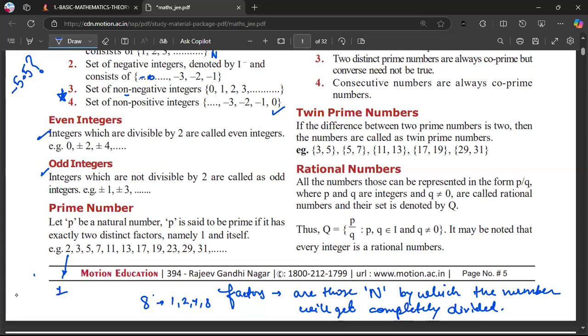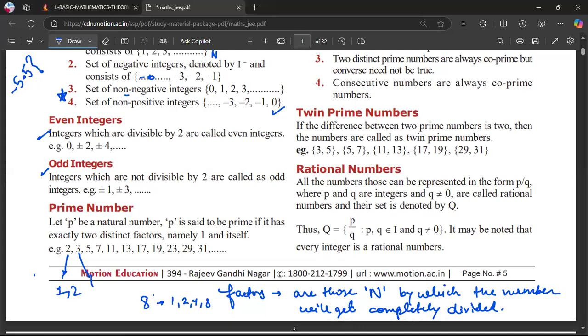And what do I mean by dividing it completely or not? It is that whenever I divide something by something, the remainder has to be zero. If the remainder is zero, that's what I'm referring to as a complete division, right? Are you with me? Yes, sir. Yeah. So the factors of 2 are 1 and 2.